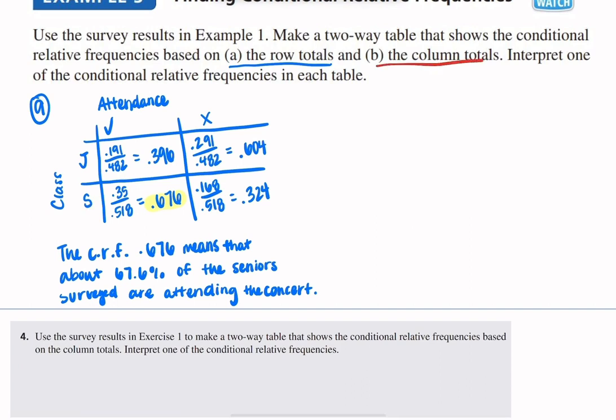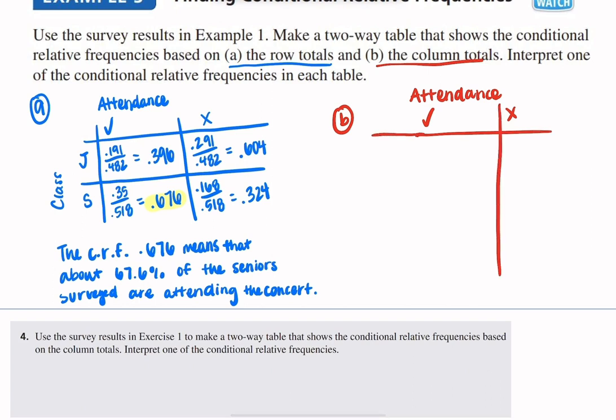All right, part B, column totals. So now we're looking at attendance rather than class. Still same setup. You have attending and not attending, and then we have juniors and seniors.